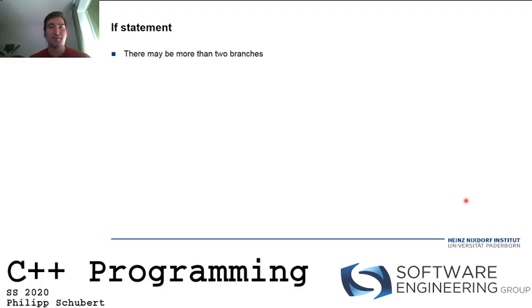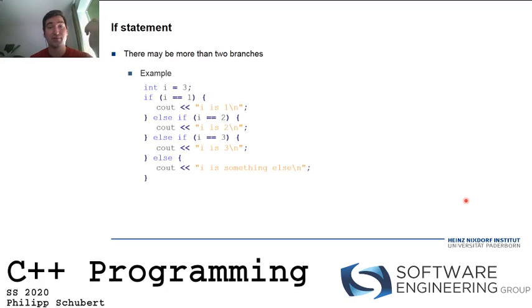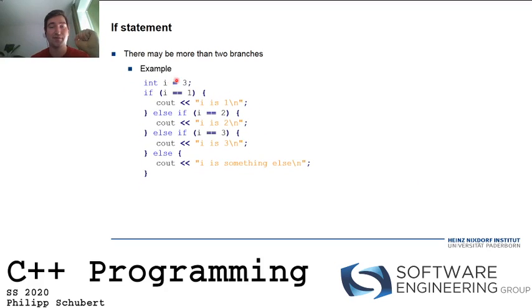You can also have if statements with more than two branches. You could write some code like the following. So you have an integer variable I initialized to 3, and then you check multiple conditions here. If this expression evaluates to true, then execute this one. Else, if this expression evaluates to true, execute this one.